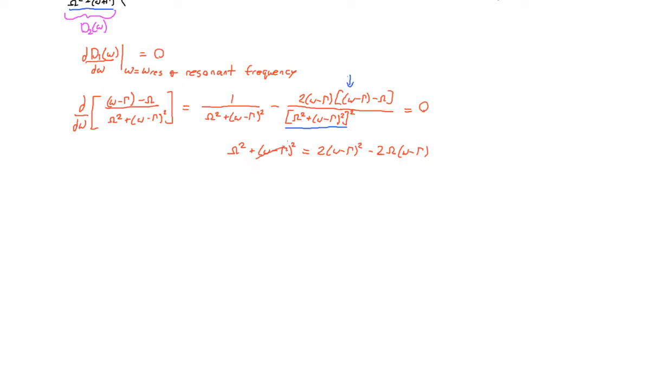Well, right off the bat, this guy will cancel with one of those, and then we'll have 0 is equal to omega naught squared, and then we're going to have a 2 gamma omega, and then here we're going to have a minus 2 big omega times little omega.